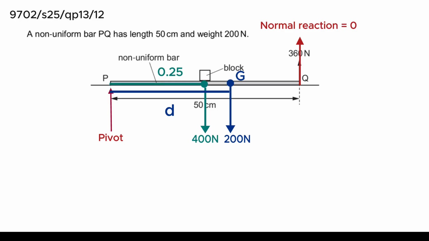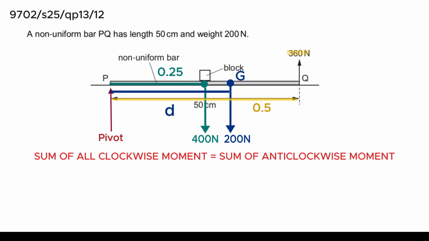The block's weight is 400 N downward at the center, 0.25 meters from pivot P. The upward lifting force is 360 Newton with a perpendicular distance of 0.5 meters from pivot P. Since it's in equilibrium just before tilting, the total clockwise moment about P equals the total anti-clockwise moment about P. We calculate each moment about P by the formula moment equals force times perpendicular distance.